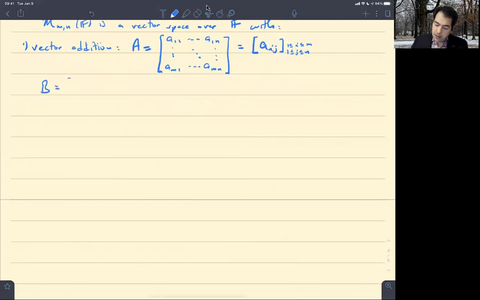And then B is going to be the same thing. Now I'm going to just go straight to the compact form. Then A plus B is going to be the matrix whose entries are aij plus bij. So you just add entry by entry.